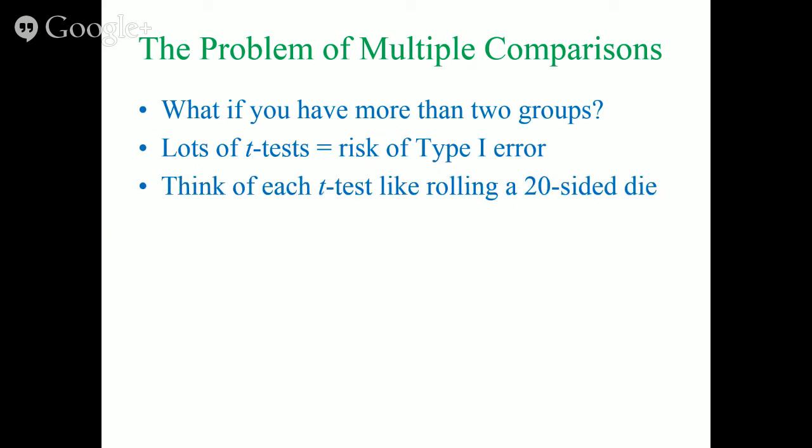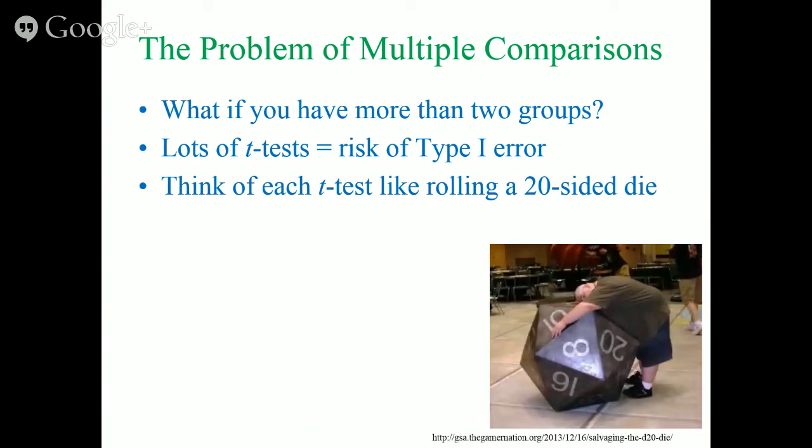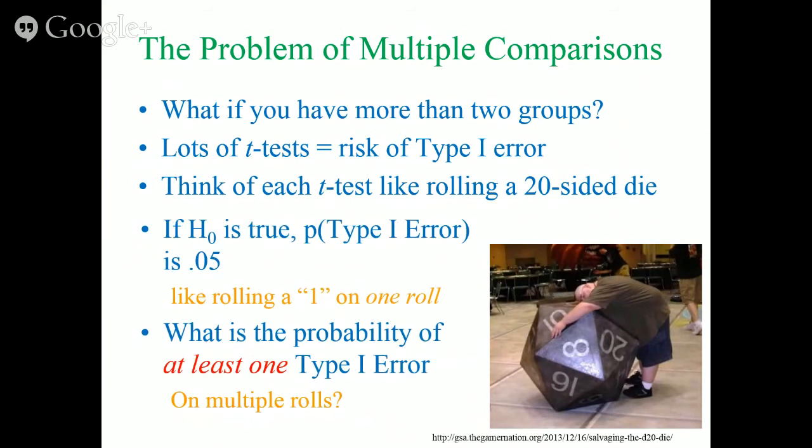So here's a picture of a 20-sided die, and a man who very much loves that 20-sided die. Imagine that getting a 1 every time you roll a 20-sided die is like accidentally making a type 1 error. So if the null hypothesis is true, then 5% of the time, 1 in 20 times, you will make a type 1 error.